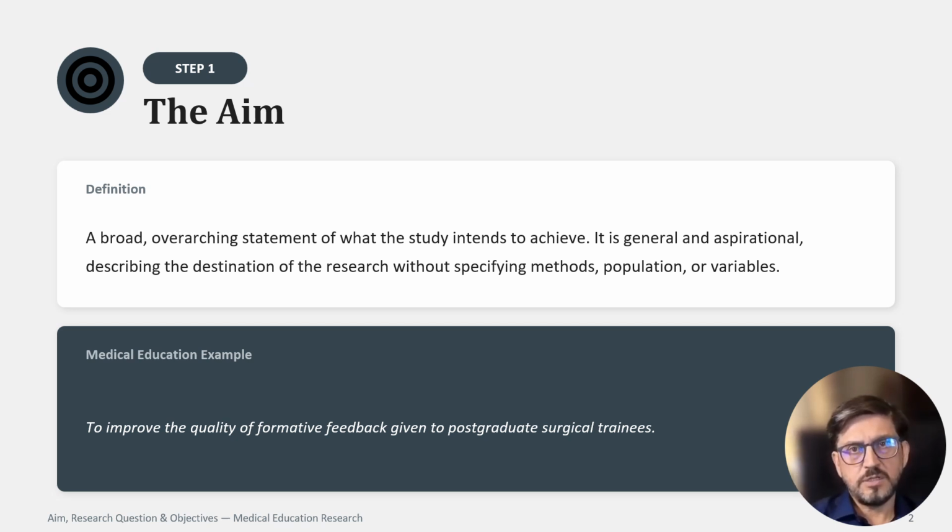It should just describe why you want to do this study. So for example, the aim could be very brief and to the point: to improve the quality of formative feedback given to postgrad surgical trainees. And we'll take this example of medical education and take it forward with the research question and objectives as well.